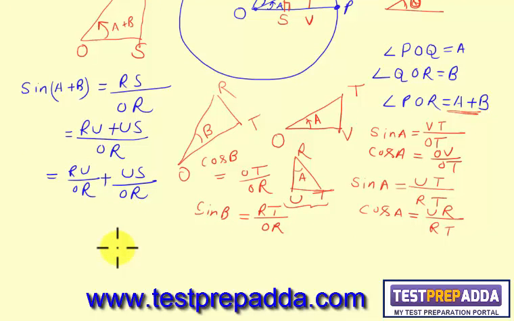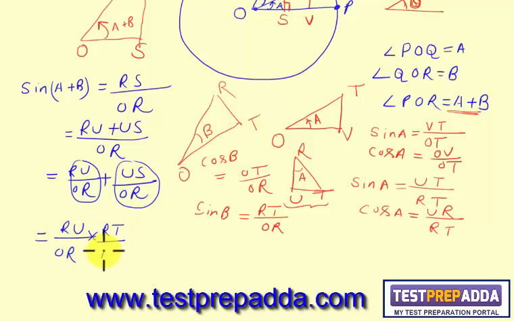Now if I multiply and divide RT with this and OT with this, then what happens? I will write RU upon OR, and here I will multiply and divide with RT, plus US upon OR, where I will multiply with OT. Now what happens?